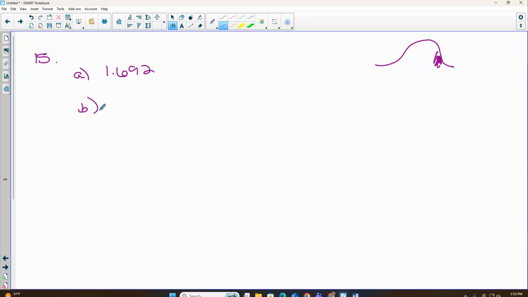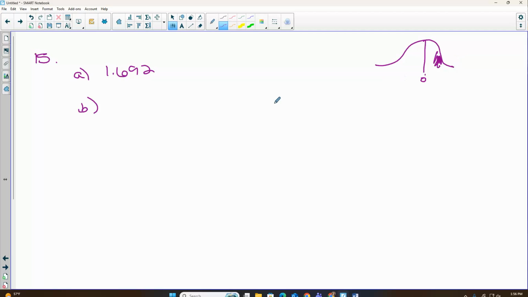part B. The area to the left is 0.005, 19 degrees of freedom. Here's the thing. This is symmetric around 0. So can I look up, if 0.005 is to the left, that means 0.995 is to the right. Is that on my table?